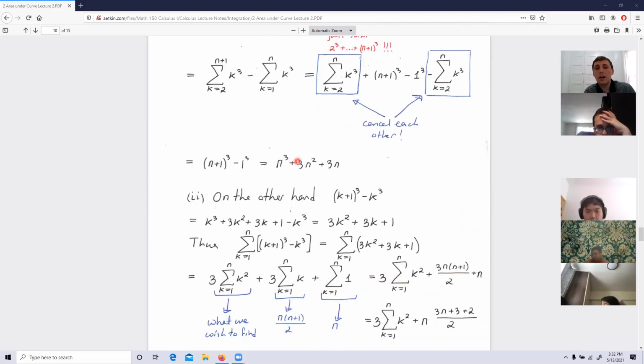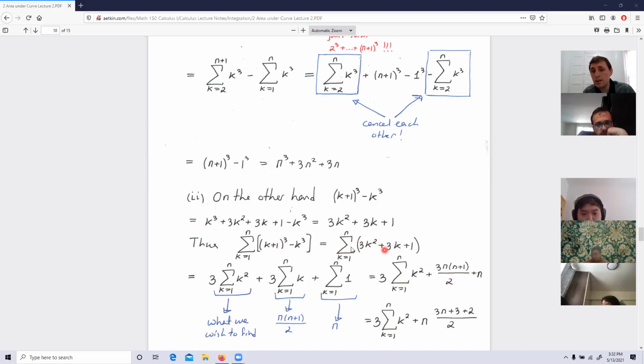On the other hand, what else can I do here? I can expand the (k plus 1) cubed minus k cubed, and when I expand it, what do I get, guys? I get 3k squared plus 3k plus 1. So if I simplify within the k's before I add up, I get 3k squared plus 3k plus 1.